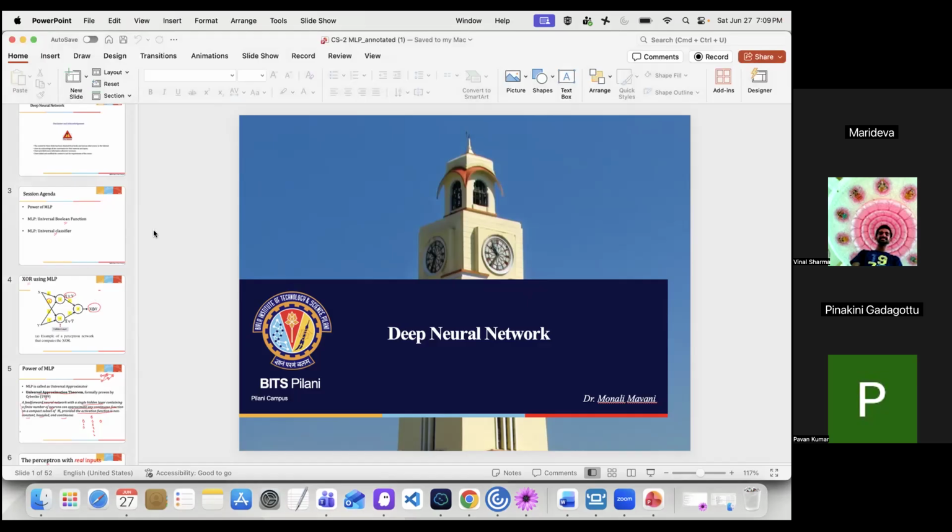First of all, we discussed last time why deep neural networks, in the sense of the difference between traditional machine learning algorithms and deep neural networks. In traditional machine learning, we have clarity on why it works.